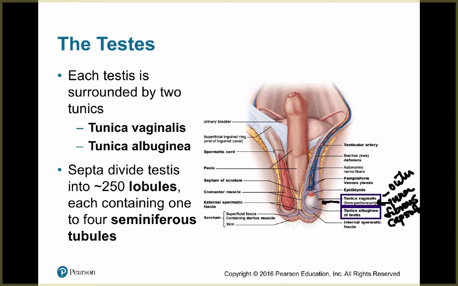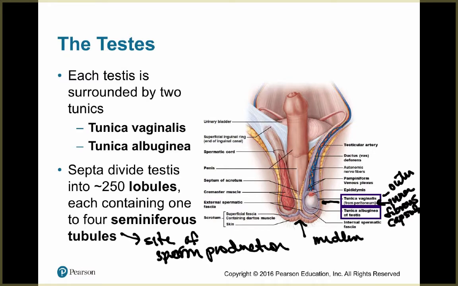Now, there are septa within the testes that allow it to be divided into about 250 different lobules. Each one of these lobules contains 1 to 4 seminiferous tubules, and the seminiferous tubules are important because this is the actual site of sperm production. If you remember earlier when I was talking about the midline septum, that's the midline septum.